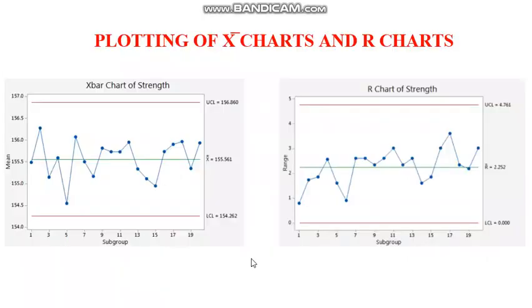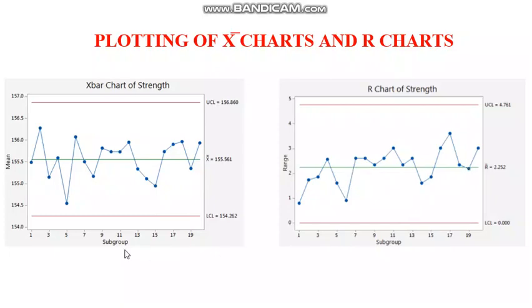The first sample X bar is plotted here. For the second sample, it is here. For the third sample, it's here. Fourth sample, it's here. You will get dots, and you can join them with a straight line like this. How many samples are there in total? 20 samples are there, and for the R chart also you will get 20.